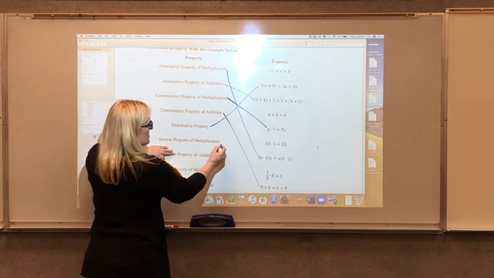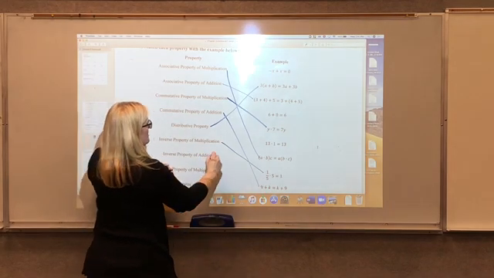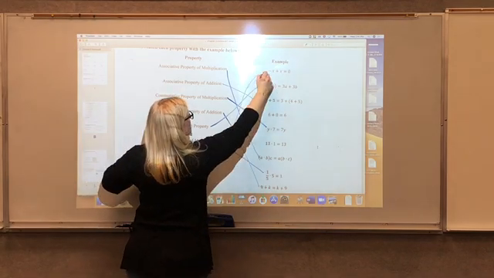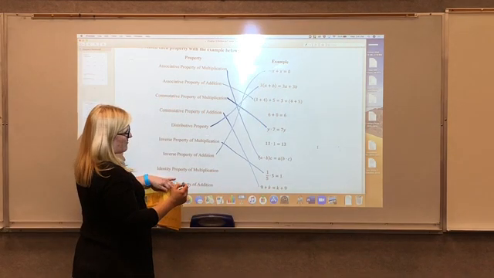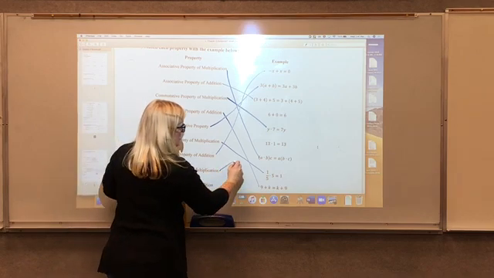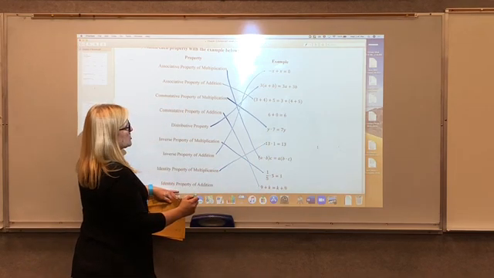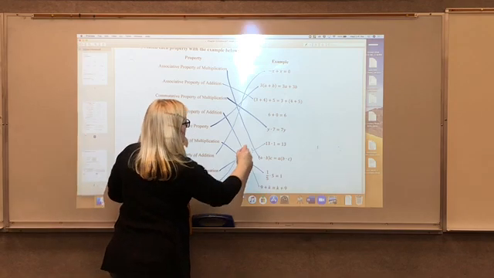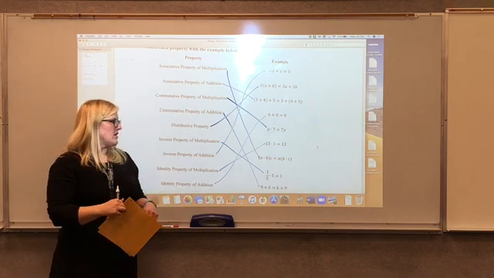And that is this one right here. The inverse property of addition is what we need to add something by to get 0. The identity property of multiplication is right here, and identity property of addition is right here. Sorry, I said reflective earlier, I meant identity.